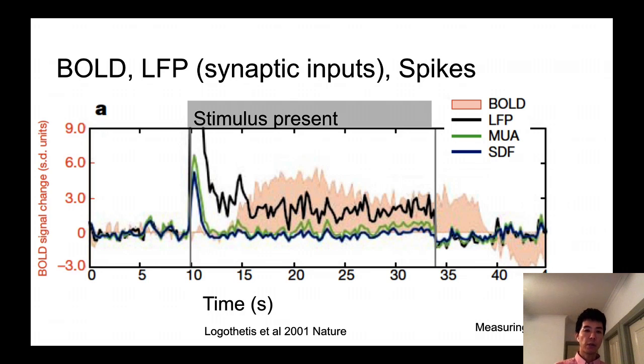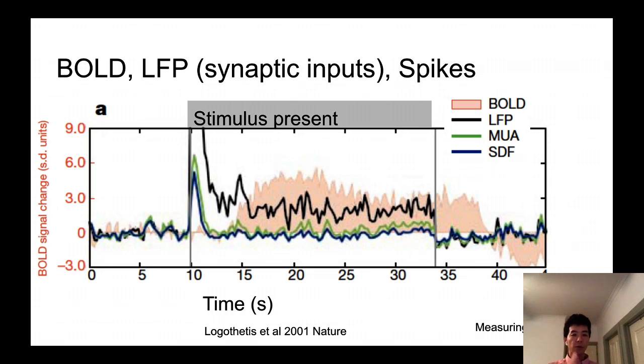Because it is performed on a monkey, they could also record neural activity directly with an electrode implanted inside the brain. There are a lot of technical details that I'm going to skip completely.